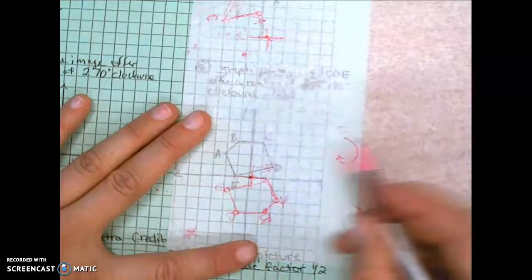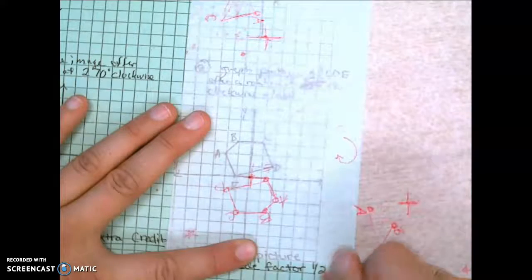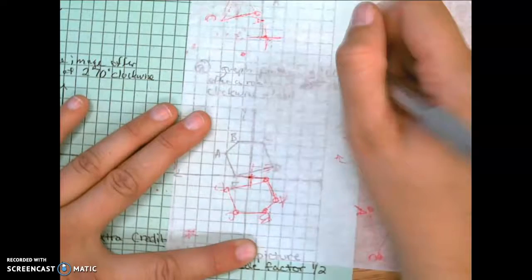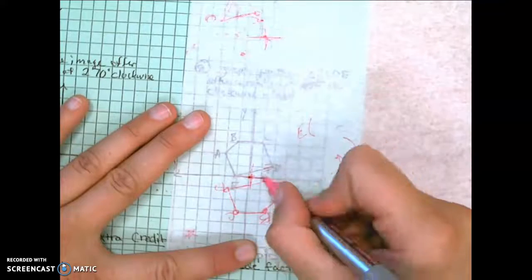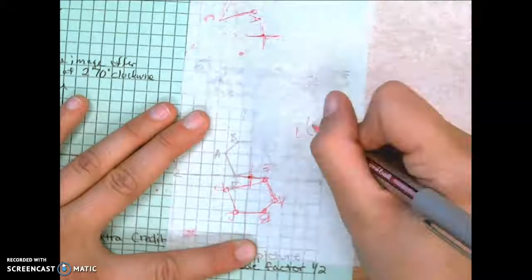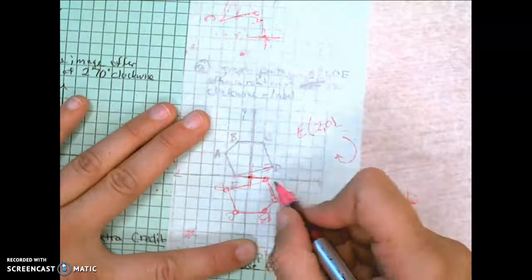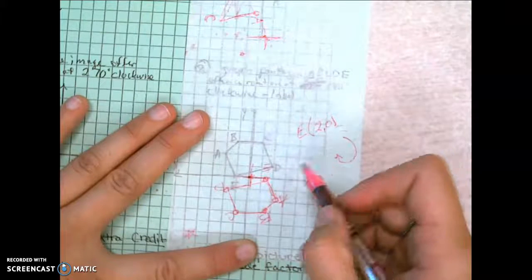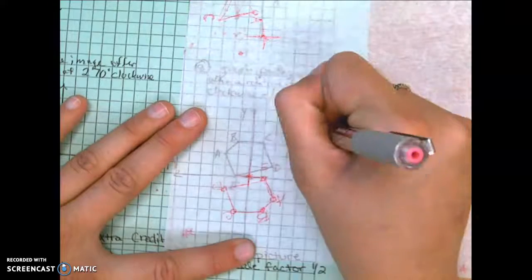So now, all I gotta do is write down my points. So it looks like E, and I guess I'll just write it on the wax paper. E is at 2, 0. Whoa, actually it looks like E is at 1, 0.